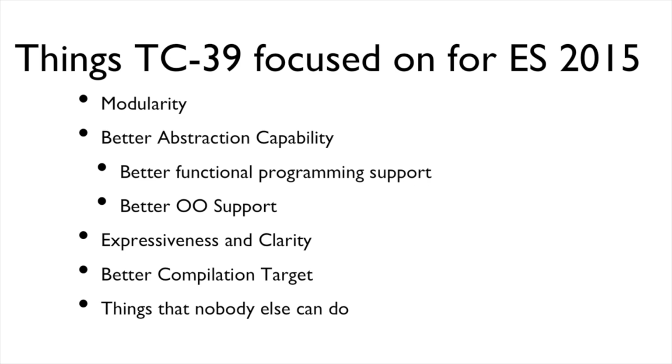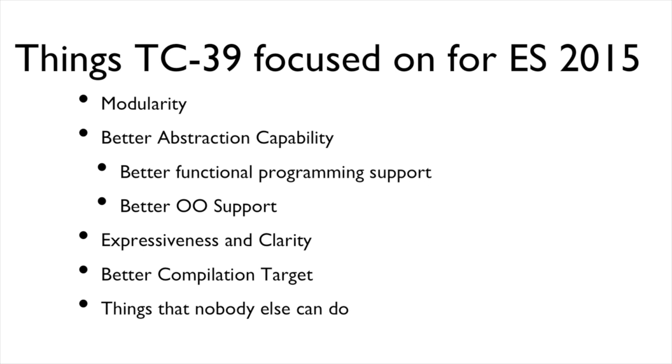So, just to give a sense of it, as we went into working on ECMAScript 6, these are the sorts of things we were looking at. What was missing in JavaScript? What was holding it back? Issues like modularity and better abstraction capabilities, how to make the language clearer, more expressive, less error-prone.